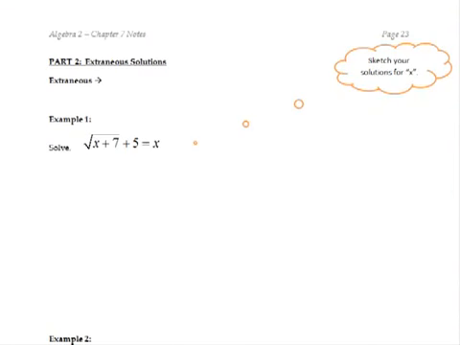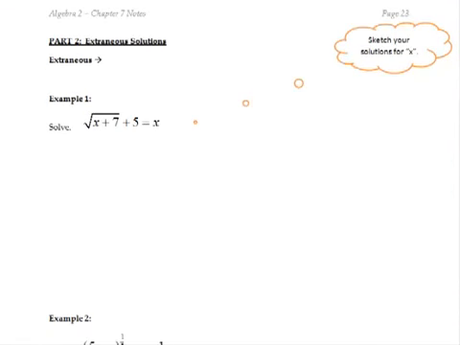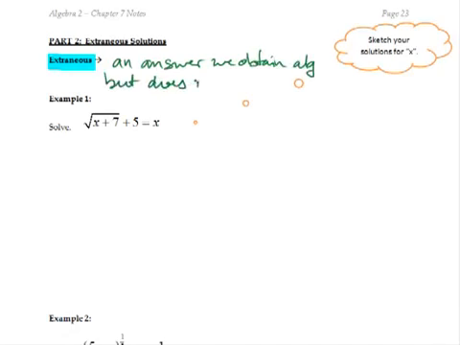In these next couple examples, we're still going to deal with radicals and rational exponents, but now we introduce the concept of extraneous solutions. An extraneous solution means an answer we obtain algebraically but that does not satisfy the original equation.